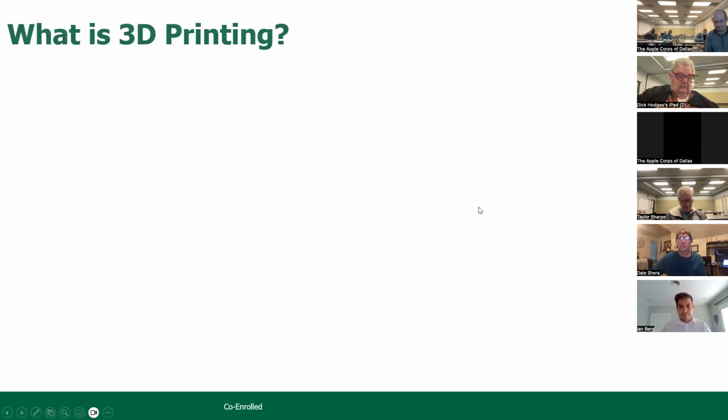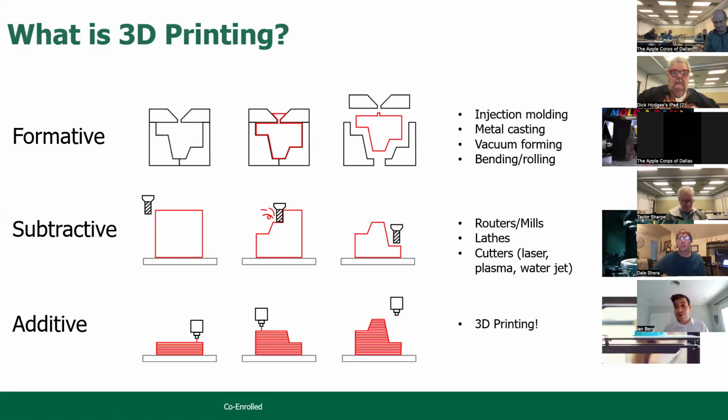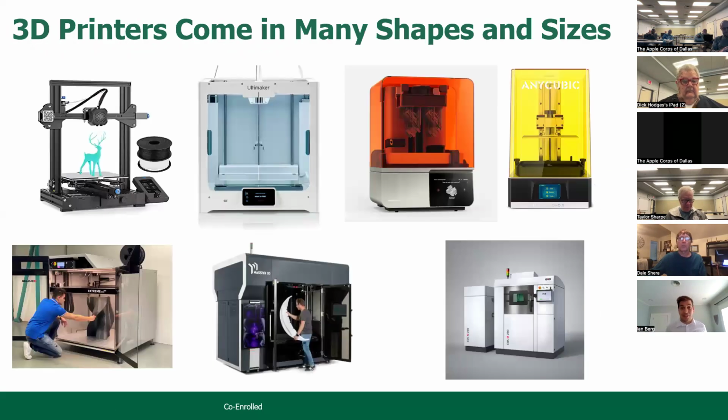There we go. Okay, so 3D printing, the fancy term for it, is additive manufacturing, right? So basically, instead of forming something from a molten version or subtracting from a solid block, additive manufacturing is where you're adding layer by layer to build up something from the ground up. That's 3D printing at its base. 3D printers come in many shapes and sizes.